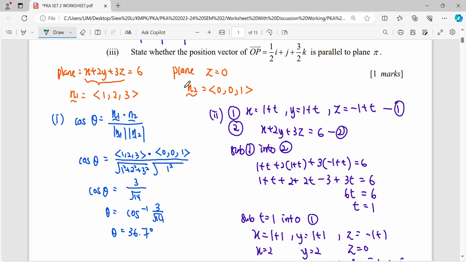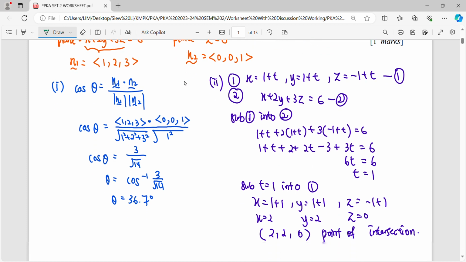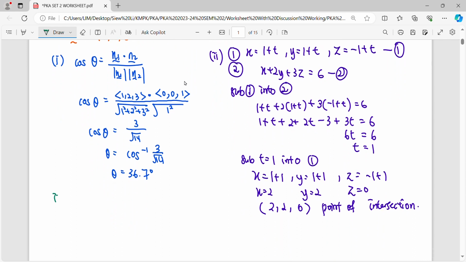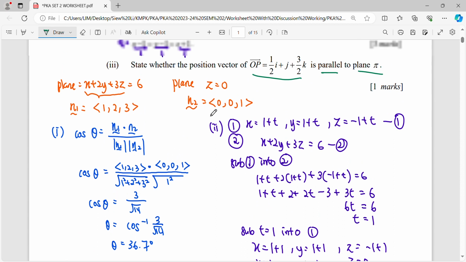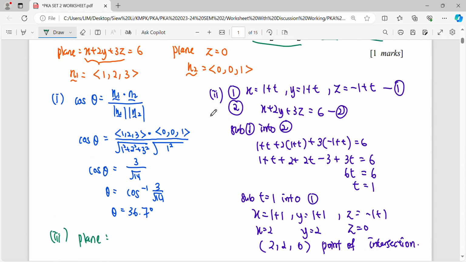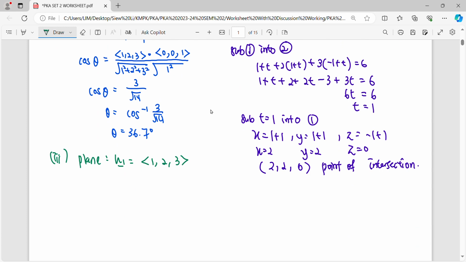Go to number 3. State whether the position vector OP is parallel with the plane. When a vector is parallel with a plane, indirectly what are they trying to tell you? Come with the plane first. You are given the plane pi, which has the normal 1, 2, 3.